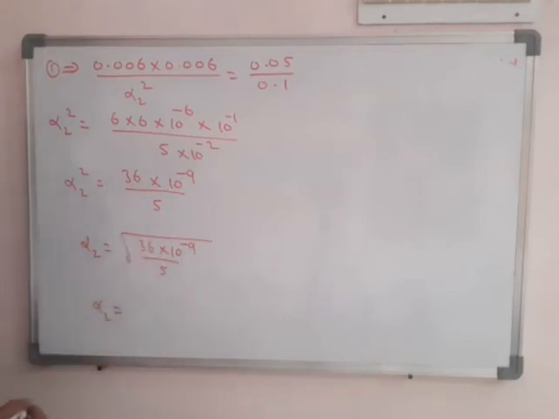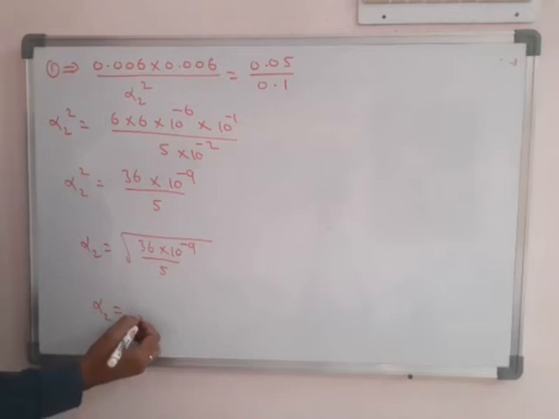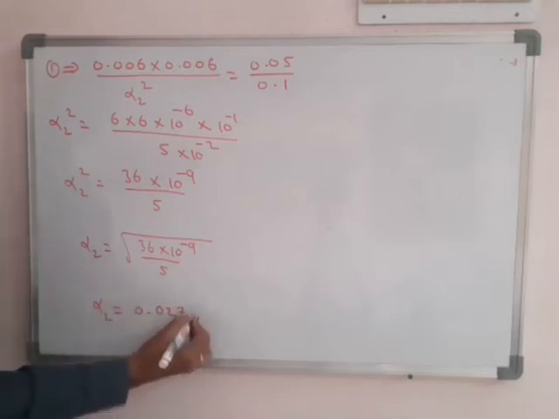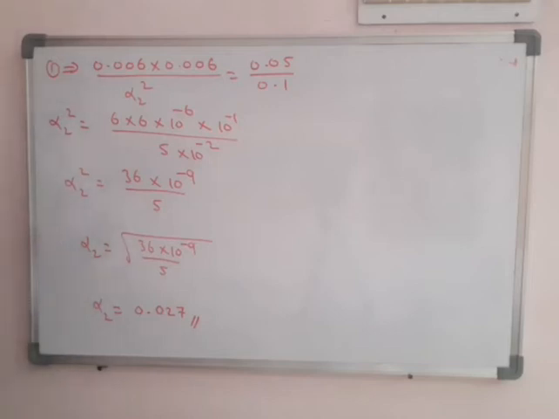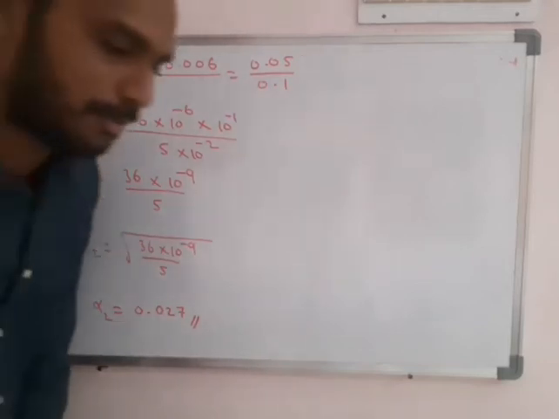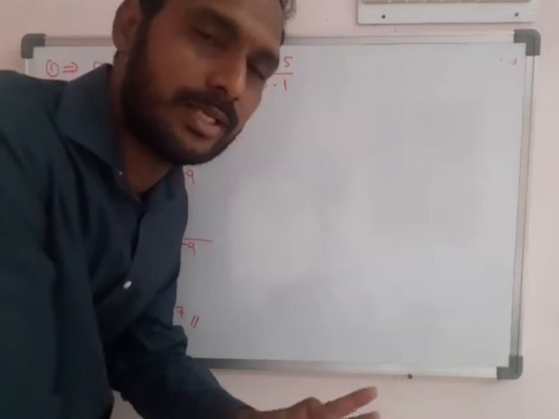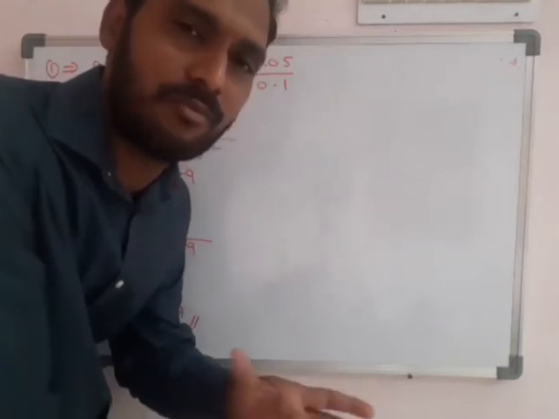On this overall calculation, you have to do the calculation. With some simplification, we will get alpha 2 equal to 0.027. So in this problem, the main important thing is to get the relation between C1, C2 and alpha 1, alpha 2.